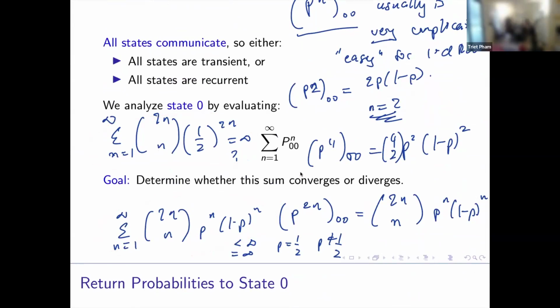All right, but let's focus on either one of these. Maybe this is a bit more concrete: it is 2n factorial over n factorial squared. How can we show that this sum is infinite, for example?